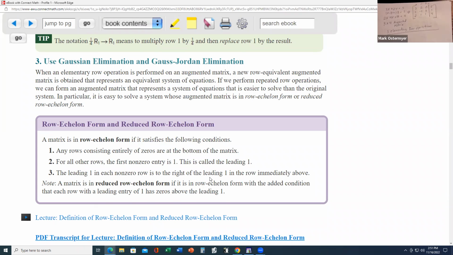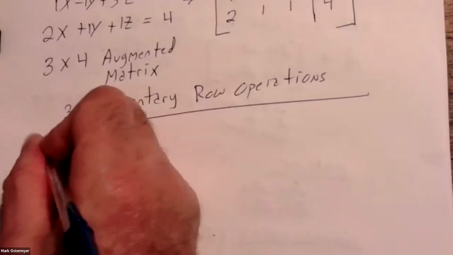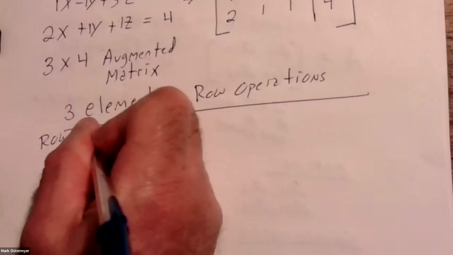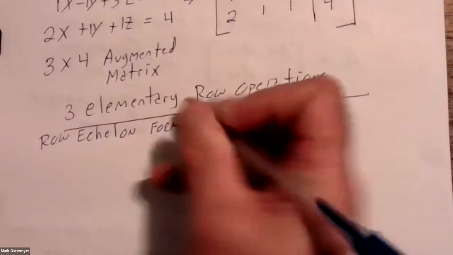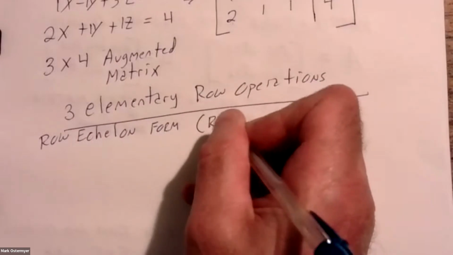All right, so ladies and gentlemen, let me show you some matrices that are in row echelon form. We normally abbreviate row echelon form as REF.